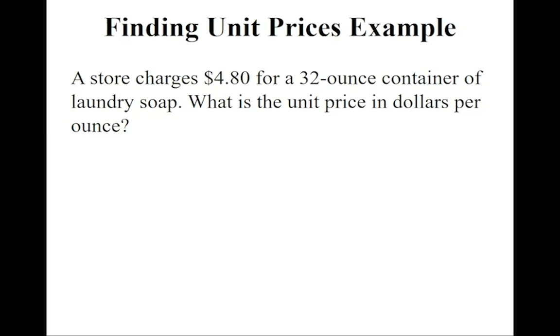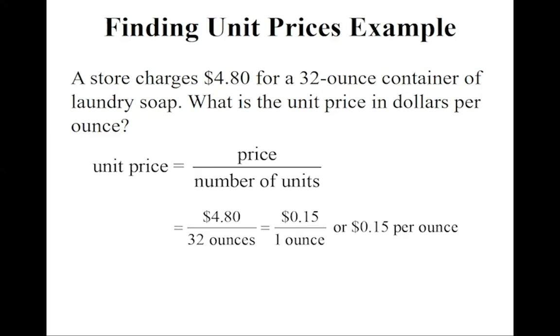Well, it even tells us the order to divide. It says in dollars per ounce. That's dollars divided by ounces. $4.80 divided by 32 ounces. When we divide 4.8 by 32, we get 0.15. So 15 cents per ounce.